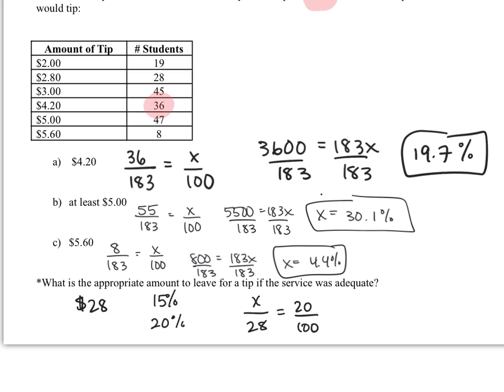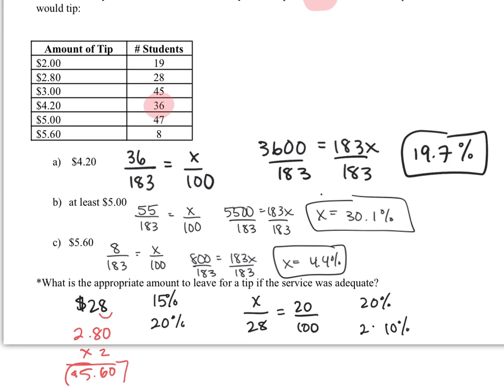We could cross multiply. Another way to find 20% is you can say that 20% is double 10%. And the quick way to find 10% is to move the decimal place back one. So 10% of 28 would be $2.80. And so if I want to find 20%, I can just double that, which would be $5.60.